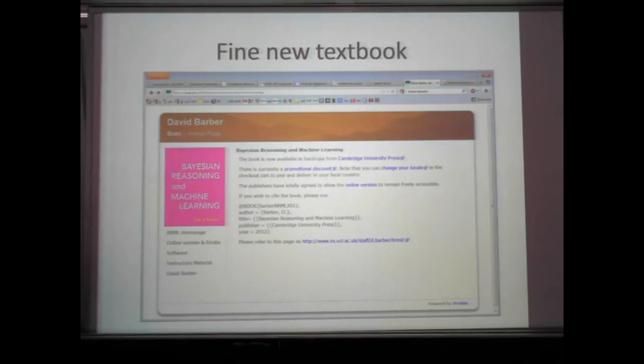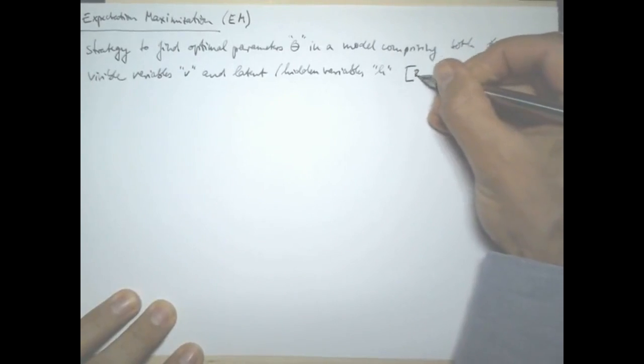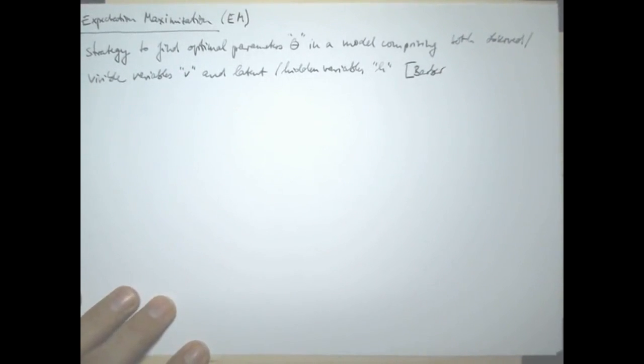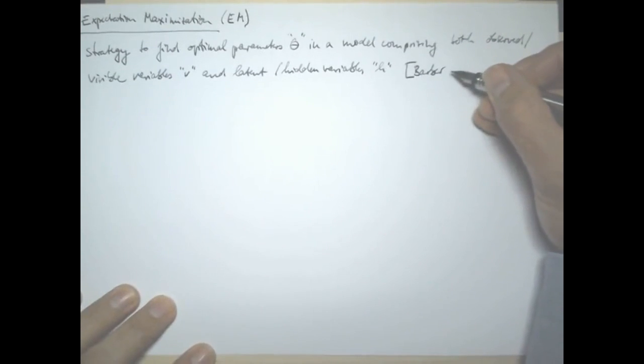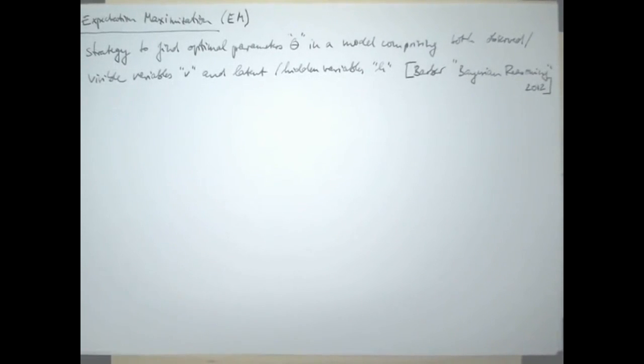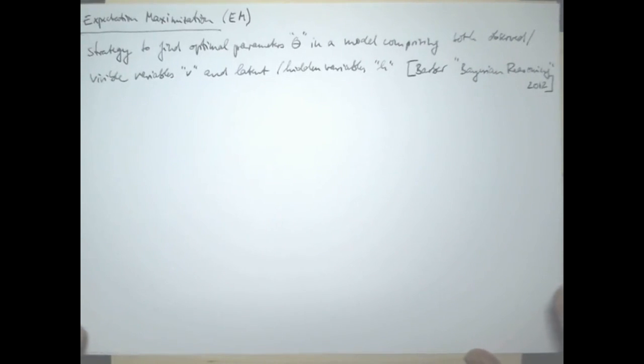And the development that I'm giving here, except for some details later in the Gaussian mixture model, follows exactly this Barber Bayesian reasoning textbook. I like this book because it really goes through the proof step by step and makes very explicit how things work.